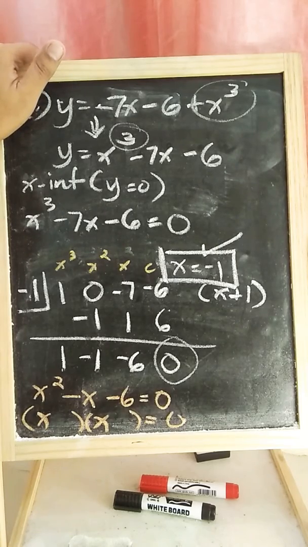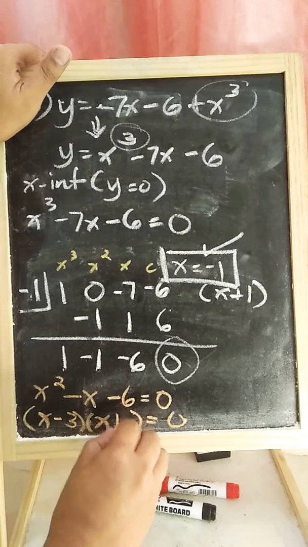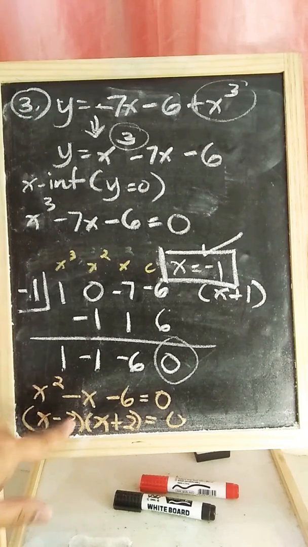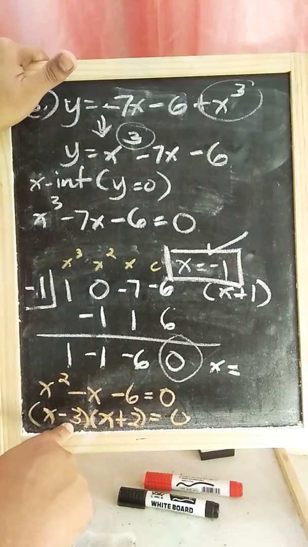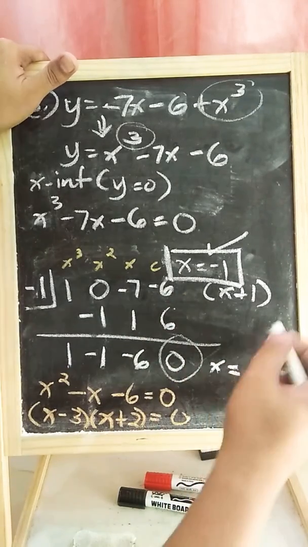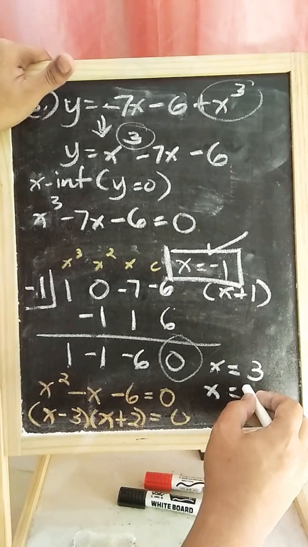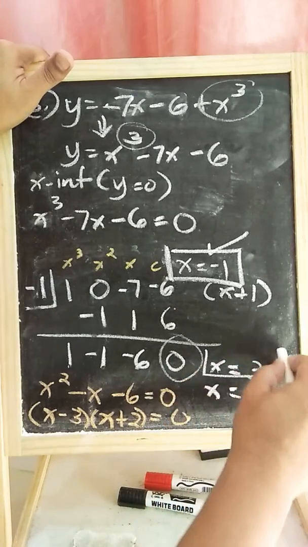Ang naiisip ko lang dyan ay minus 3 at saka plus 2. From there, the other two values of x: x minus 3, when we transpose, x is equal to 3. And x plus 2, when we transpose, x is equal to negative 2.